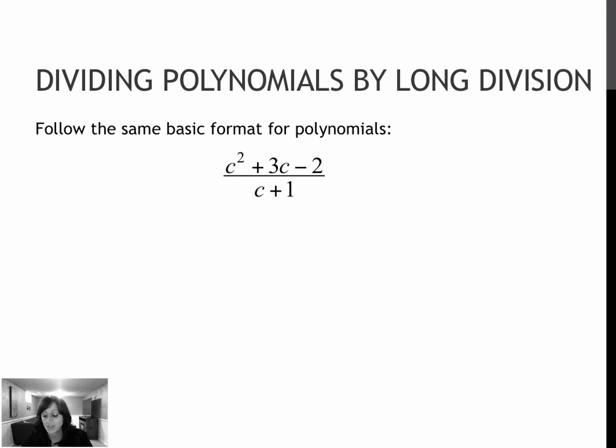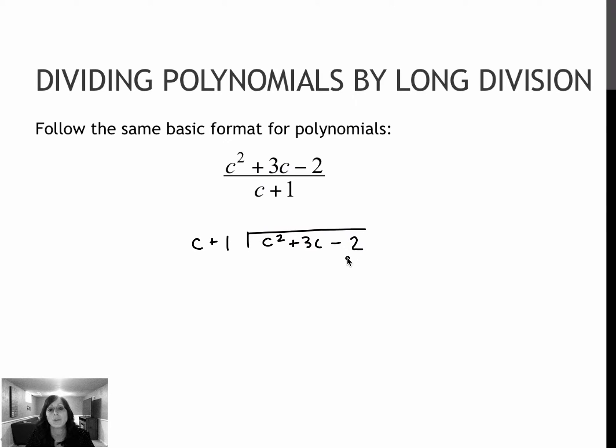And so you can imagine this is not going to be a truckload of fun. But my top value or first value is going to go inside, c squared plus 3c minus 2. And my divisor is on the outside.